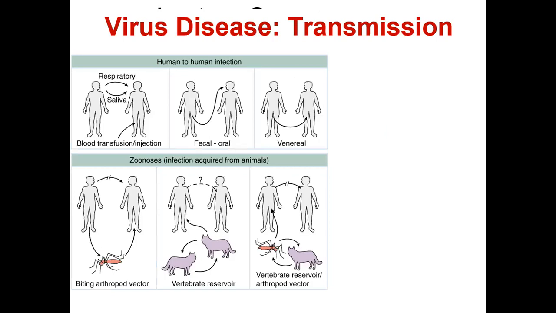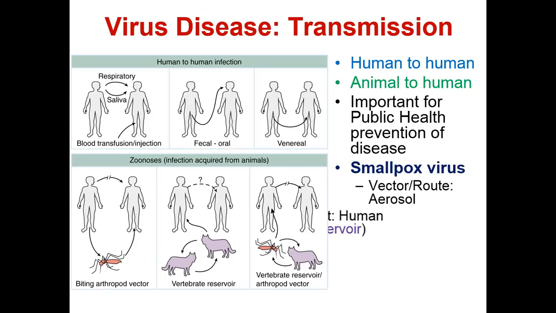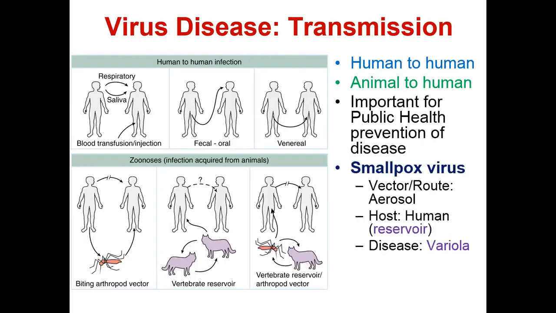The next topic that I want to touch on is the process of virus disease. The very first aspect of virus disease is the transmission of the virus. Transmission can happen human to human, through respiratory routes, saliva, blood transfusion, injections, the fecal-oral route, or venereally through sexual activity.